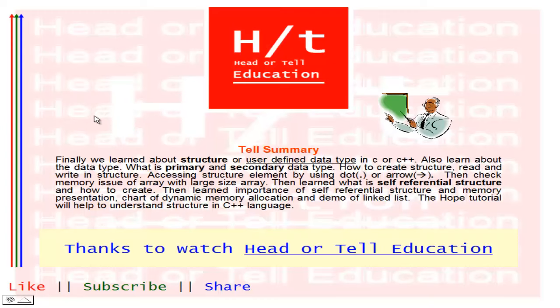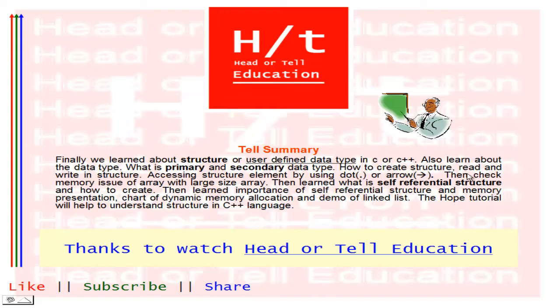Now the summary. Finally, we learned about structure, a user-defined data type in C or C++. We also learned about data types, what primary and secondary data types are, how to create a structure, how to read and write in a structure, and accessing structure elements by using the dot or arrow sign.